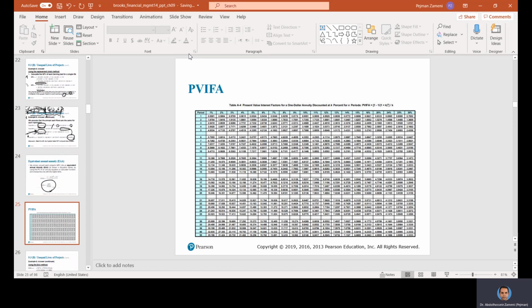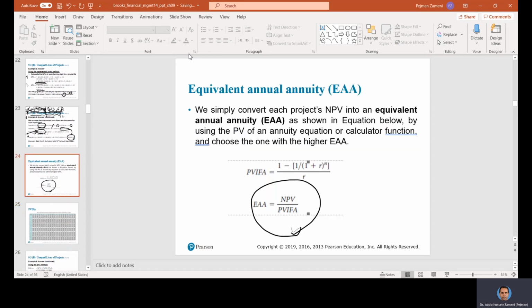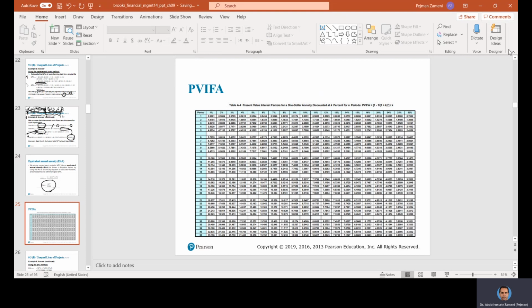In order to find the PVIFA, which stands for present value interest factor for a $1 annuity discounted at k percent for n periods, we refer to this type of table.